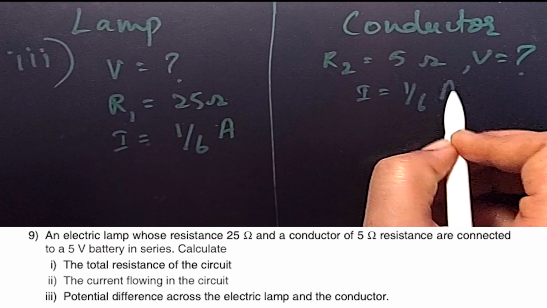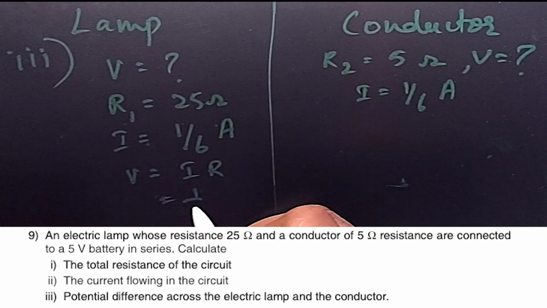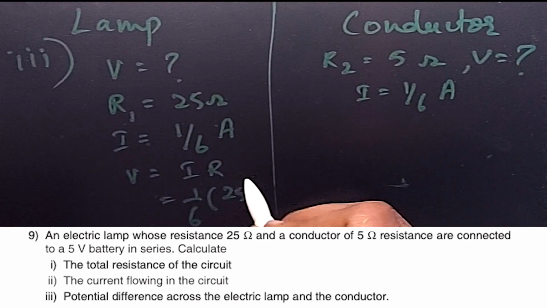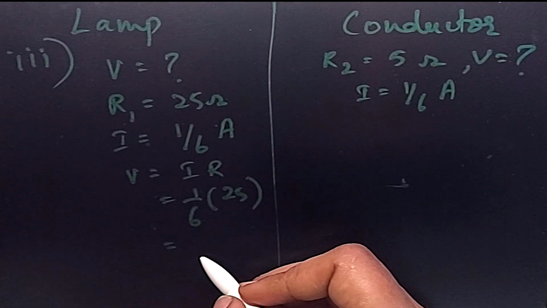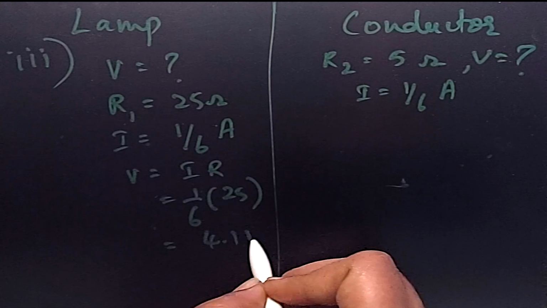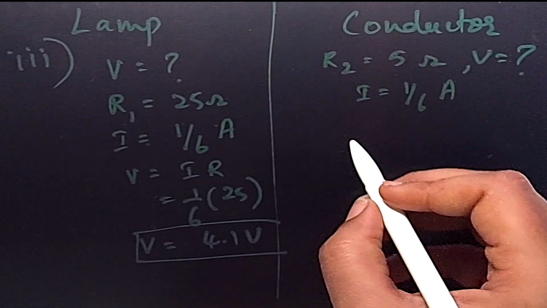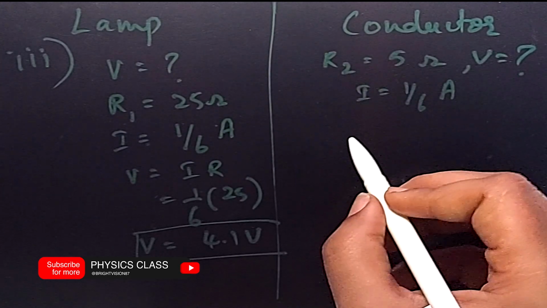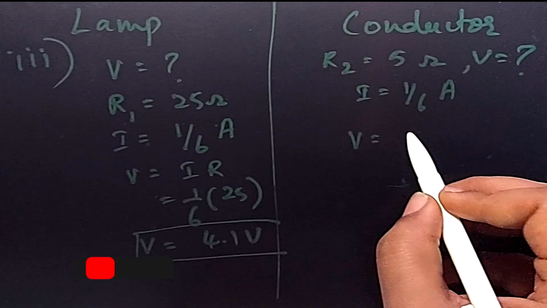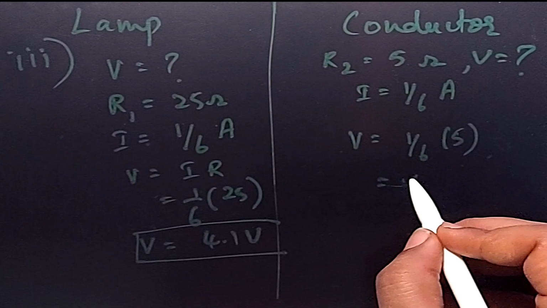From Ohm's law, we know that V is equal to I into R. I is 1 by 6, R is 25, nothing but 25 by 6. Its decimal value will be 4.1 volt. Coming to the voltage that is across the conductor, I into R, 1 by 6 into 5, that is nothing but 5 by 6.